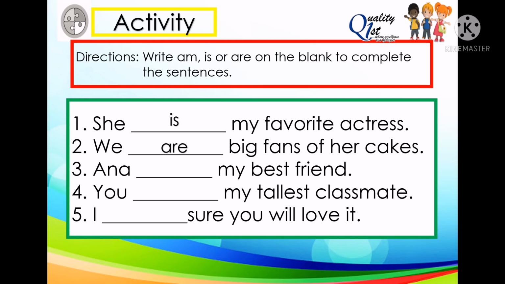Alright? Now for number 3, Anna blank my best friend. The appropriate be verb is, very good, is. For number 4, you blank my tallest classmate. The be verb that's going to be used is are. And for number 5, I blank sure you will love it. The appropriate be verb is am. Well done, kids.